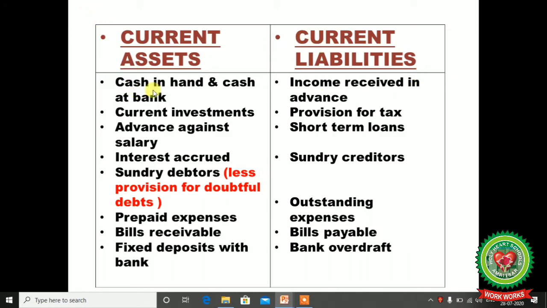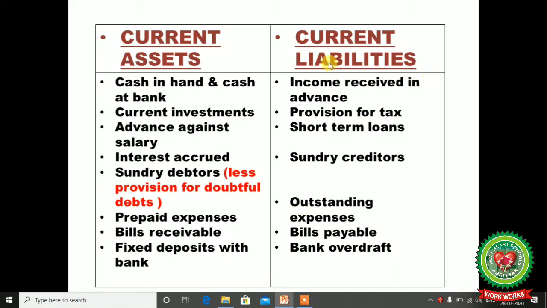Under the current assets: cash in hand and cash at bank, current investments, advance against salary, interest accrued, sundry debtors. Now, under sundry debtors, less provision for doubtful debts, you know very well. Prepaid expenses, bills receivable, fixed deposit with the bank. These are all the current assets.